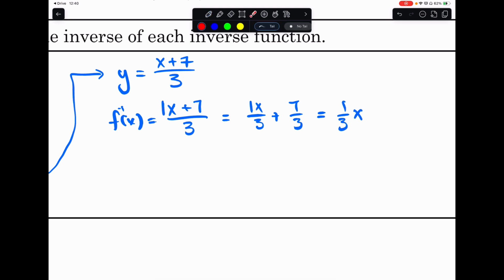Instead of having 1 times x divided by 3, we could say 1 divided by 3 and then multiply the x like that on the side, and then plus 7 over 3. This is probably the most recognizable way, because it writes the equation in a linear form of mx plus b. So that's how you get the inverse, and these are 3 ways of writing the exact same notation for the inverse of f.